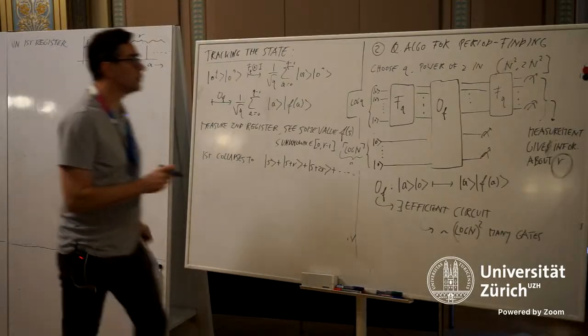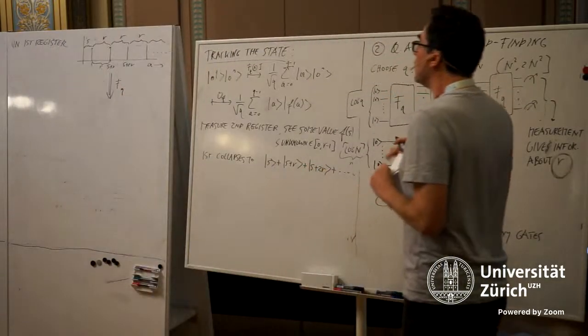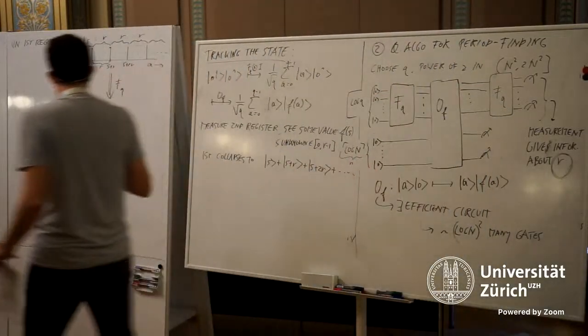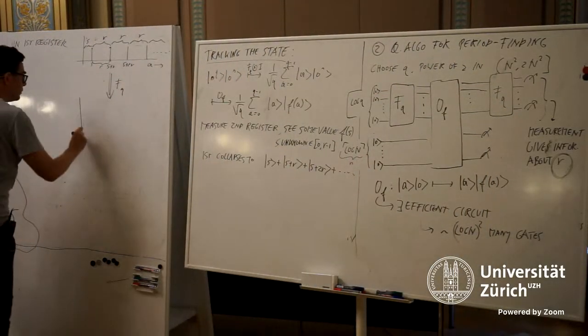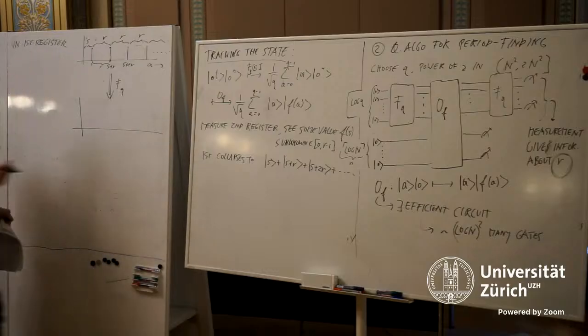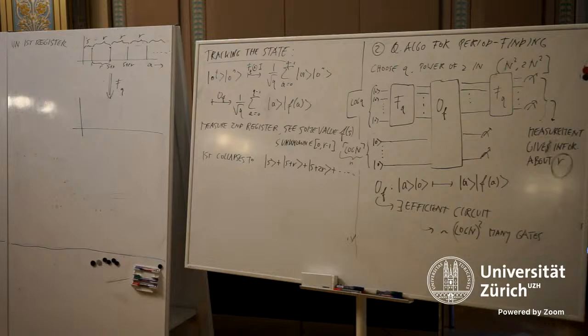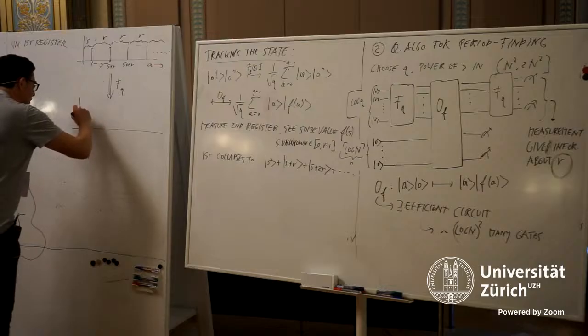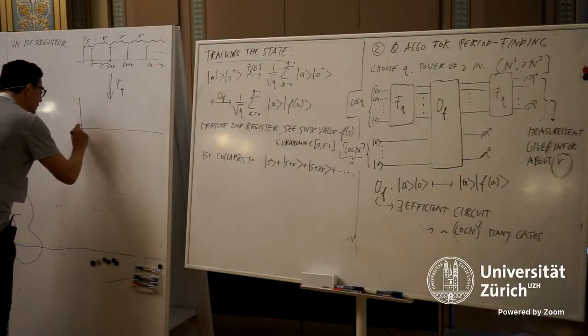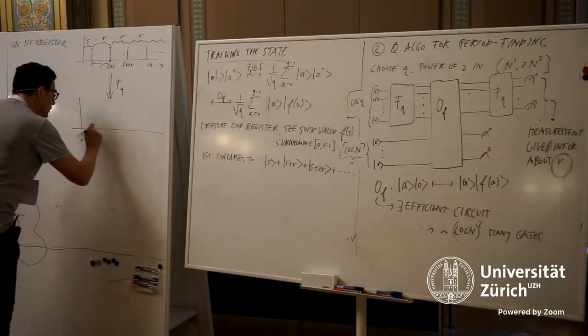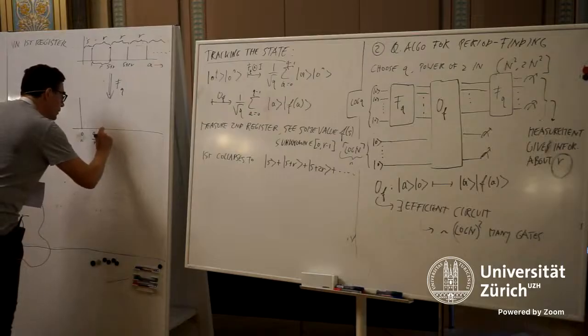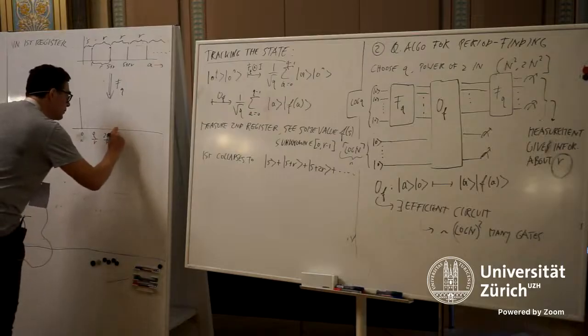That's this Fourier transform. And let me draw a picture of what the amplitudes on the basis states are going to be after this Fourier transform. In fact, the basis states that have support now are going to be essentially 0, Q over r, 2Q over r, 3Q over r, 4Q over r, etc. Remember, Q is the dimension that we chose for the Fourier transform.